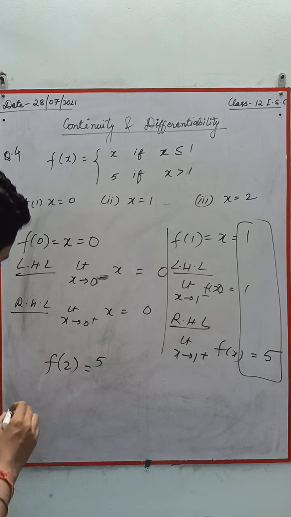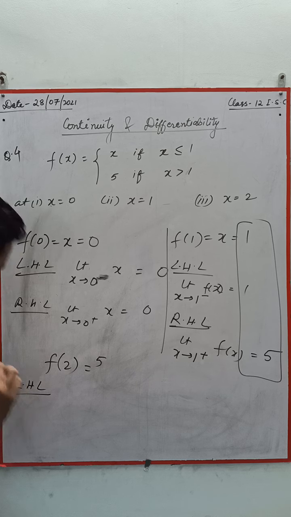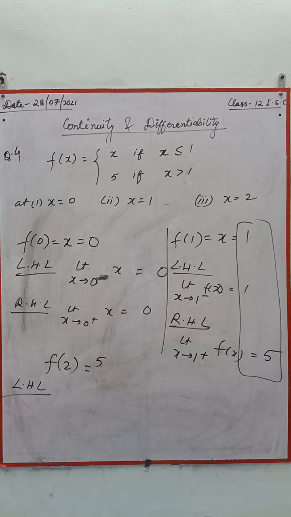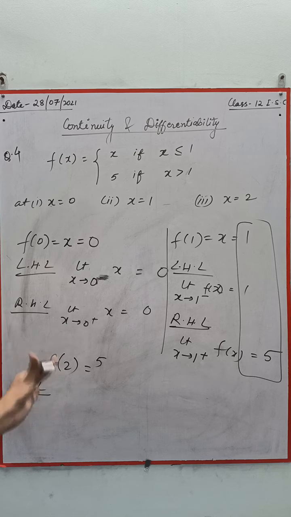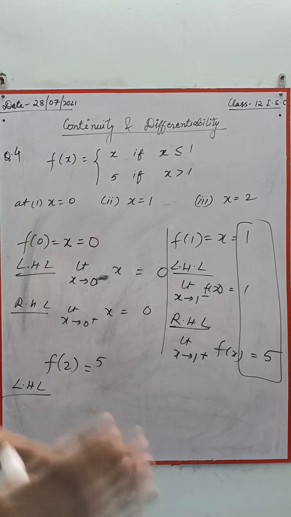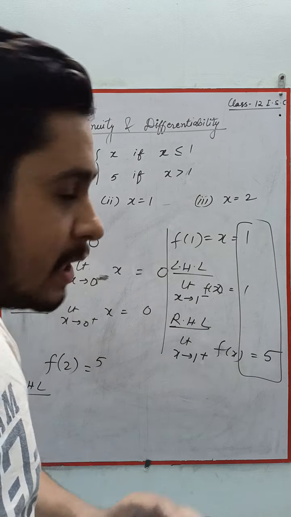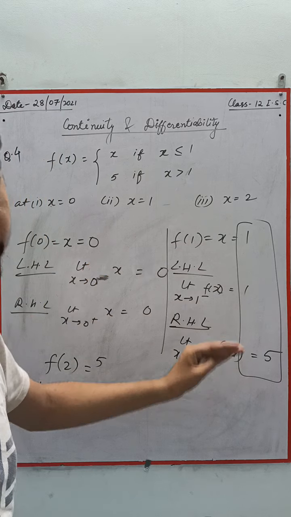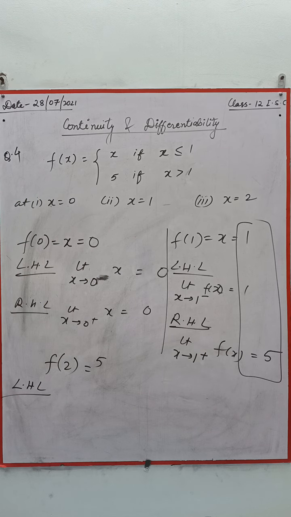Now for LHL, again we have to check 2 plus and 2 minus. For 2 plus you will get 5, for 2 minus also you will get 5. So all these values will be the same and equal. I have given you the hint. Now it's your duty to write it very properly, and you can show me.